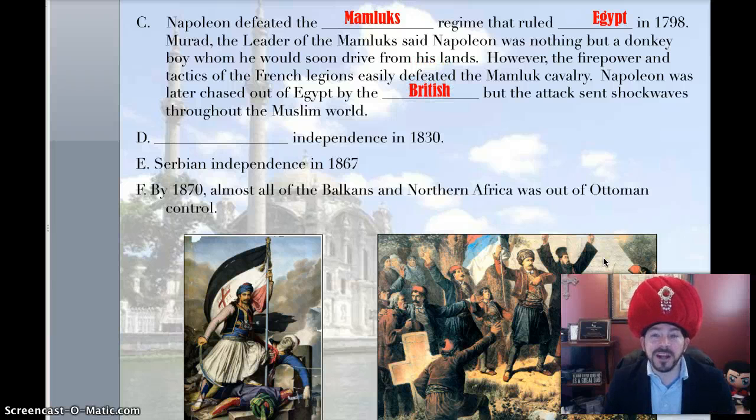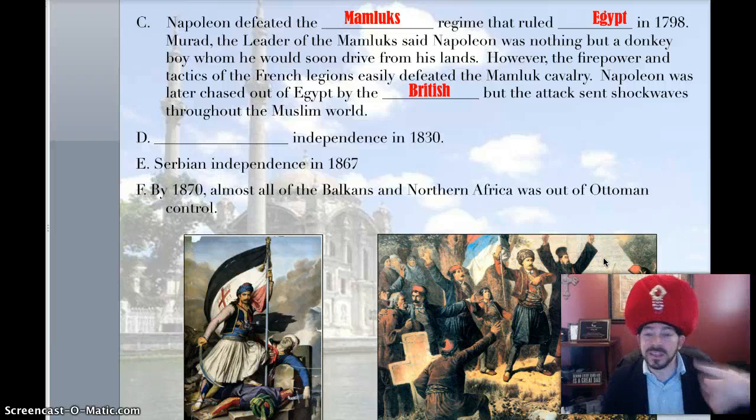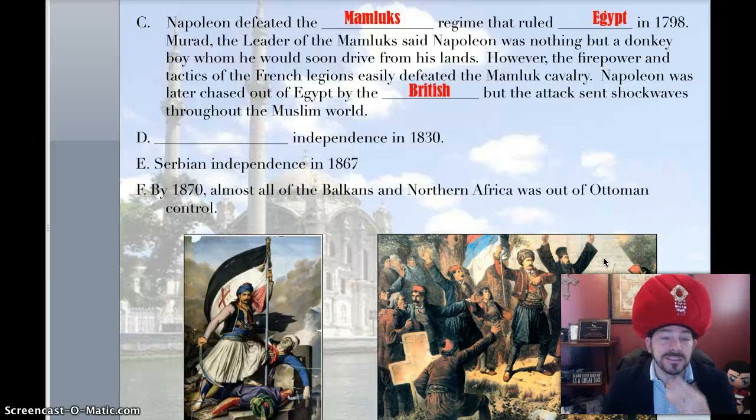Who they called a donkey boy. But this donkey boy comes over there and defeats them rather easily in a bunch of battles. He's only chased away because the British don't like him there, and they chase him out of there and back to France.